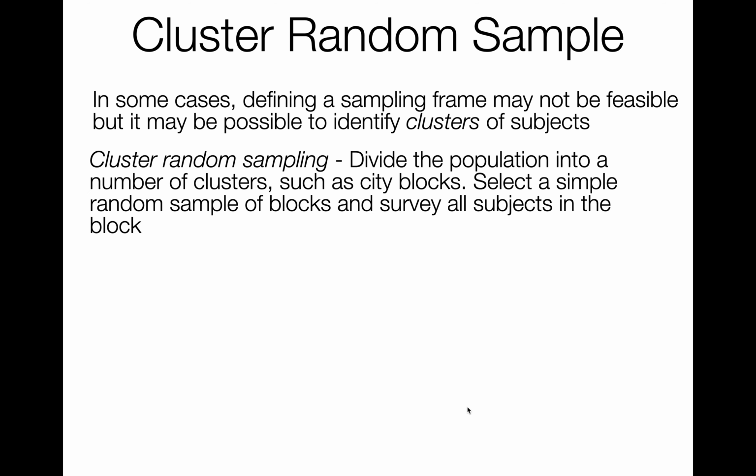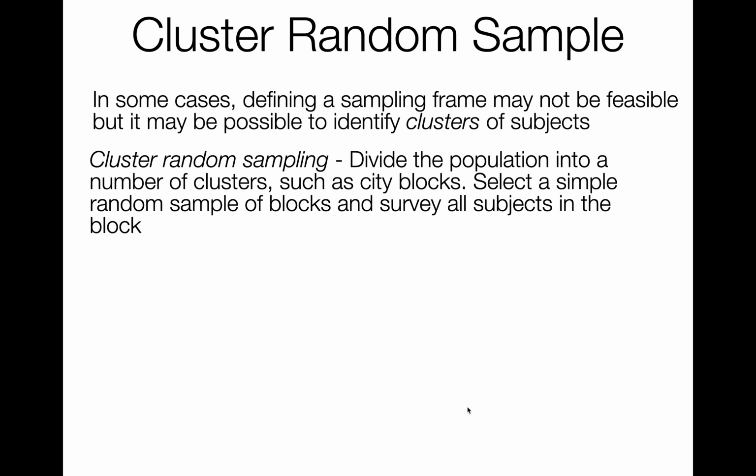So what cluster random sampling does is it divides the population into a number of different clusters, such as maybe if I'm trying to find information about a city, I could divide it up into blocks. Then after making those clusters, I can select a simple random sample of those blocks and survey all possible subjects in the block.